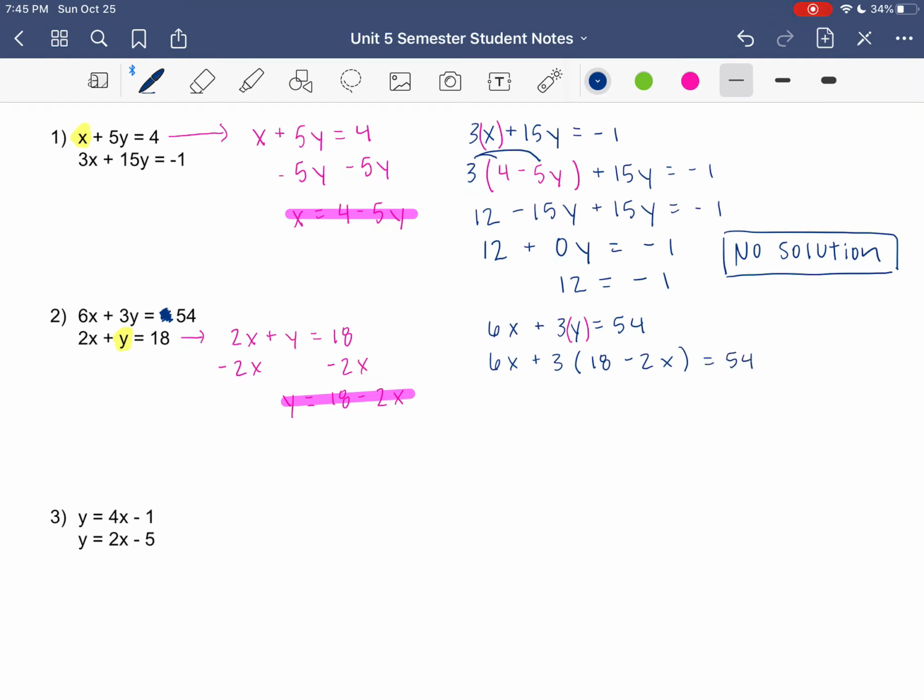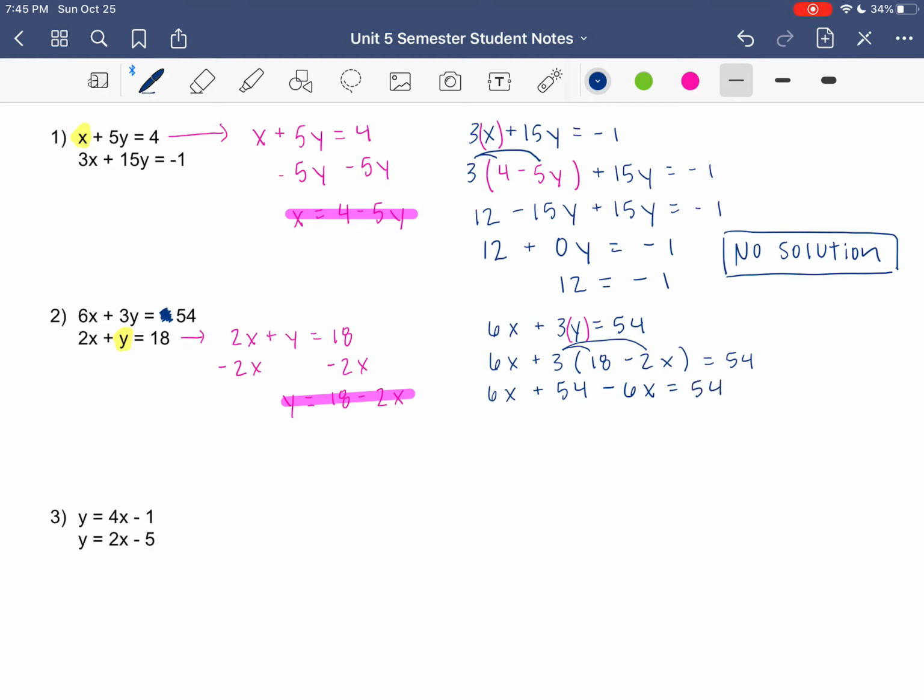And now we have an equation that just has x's, so we can solve it. Let's distribute first to get rid of the parentheses. So 6x plus 3 times 18 is 54. 3 times negative 2x is negative 6x equals 54.